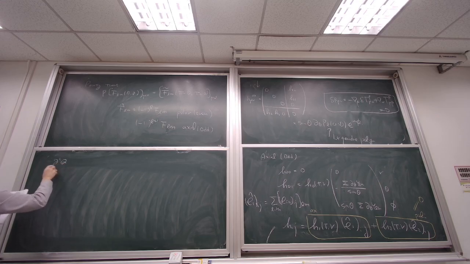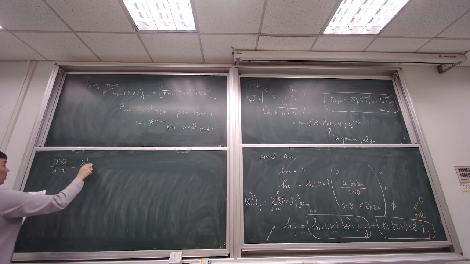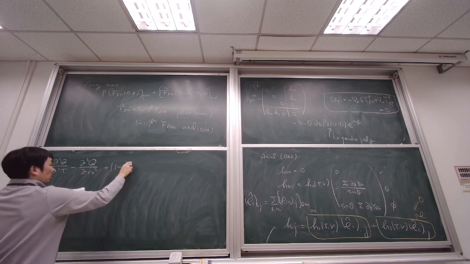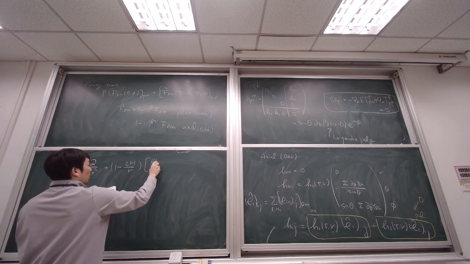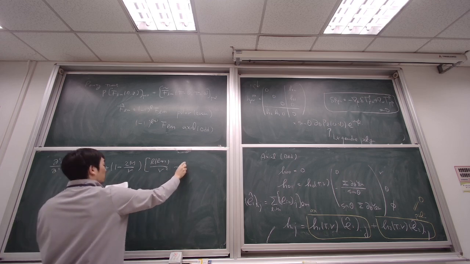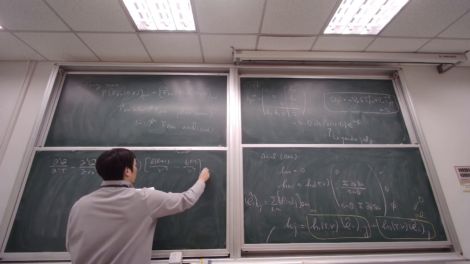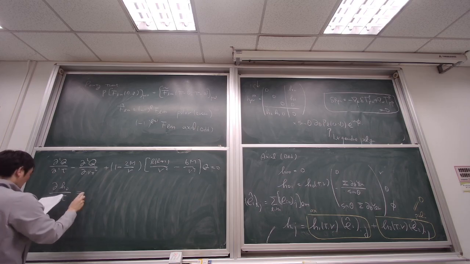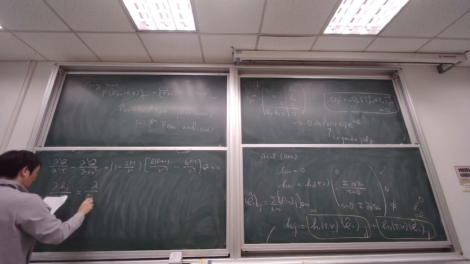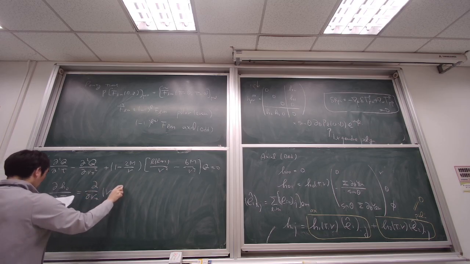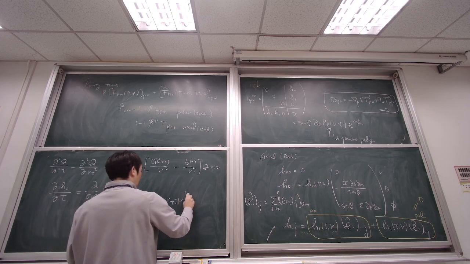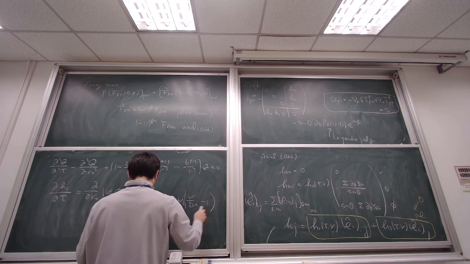Partial square Q over partial square t minus partial square Q over partial r star square plus (1 minus 2m over r) times (l(l plus 1) over r square minus 6m over r cube) Q equal to 0, and then del H0 over del t is equal to del r star Q, where r star is the tortoise coordinate.